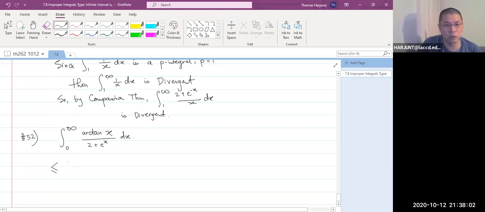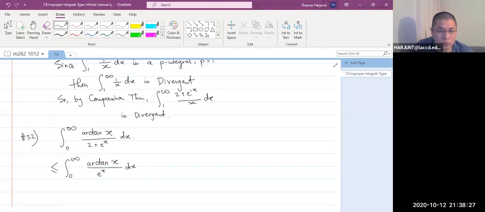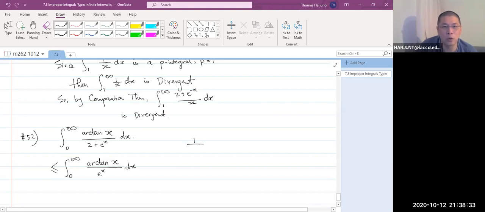This is less than or equal to the integral from 0 to infinity of arctangent of x over e to the x dx. Is it right? If you divide by a smaller positive number, then the quotient should be larger. That's because 1 over (2 plus e to the x) is less than 1 over e to the x.